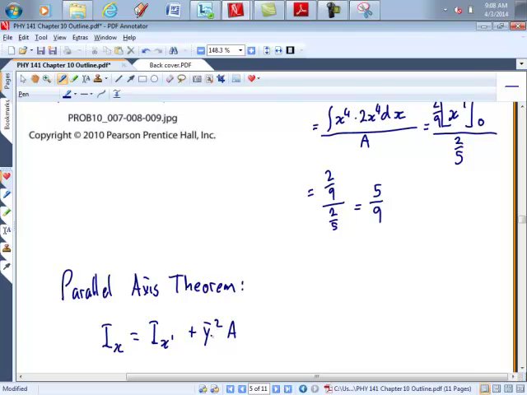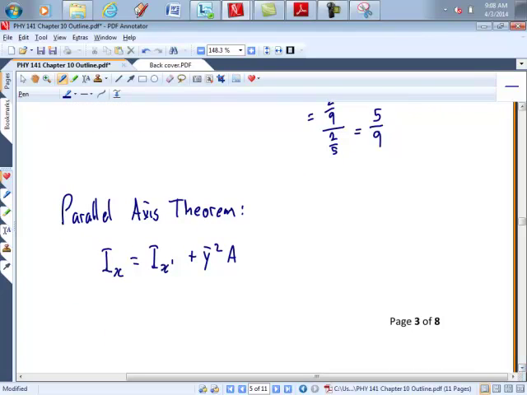So if I solve that for Ix prime, which is always going to be the lowest value, the lowest value of the moment of inertia for any parallel axis is the one through the centroid.